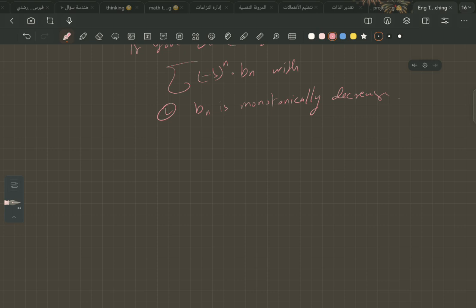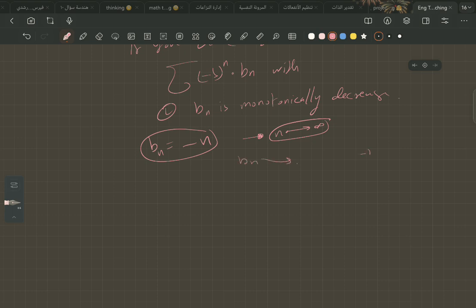And not just this. If it's negative, let's say about (-1)^n, and not this actually, negative n. If b sub n is equal to minus n, then as n approaches infinity, this b sub n is decreasing.